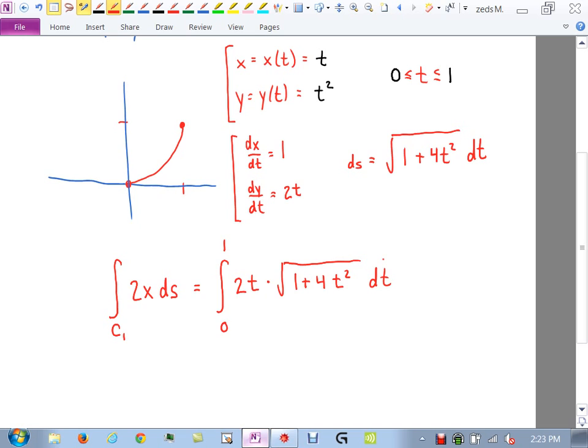Yeah, this is a nice one. That's just a u-sub right there. If you let u be equal to everything under the root, what's the derivative of that? 8t, and you have a 2t out front, so it's just off by a scalar.